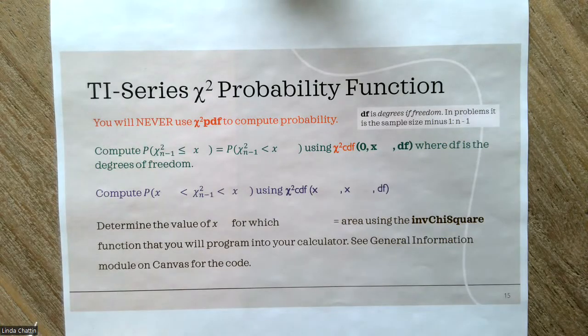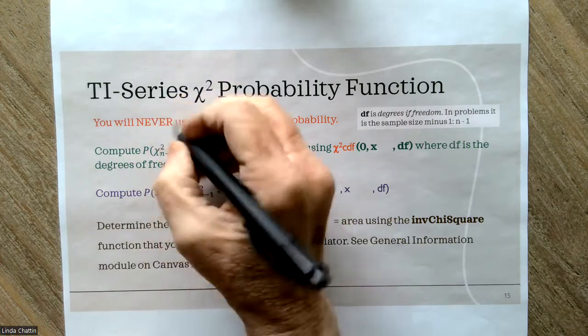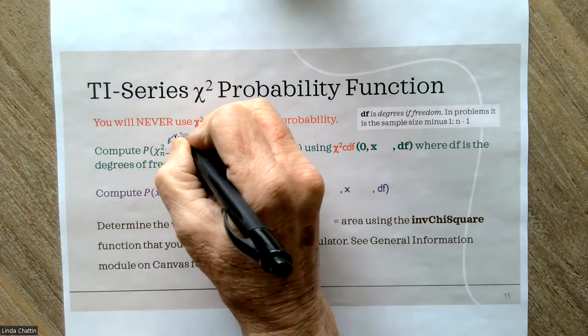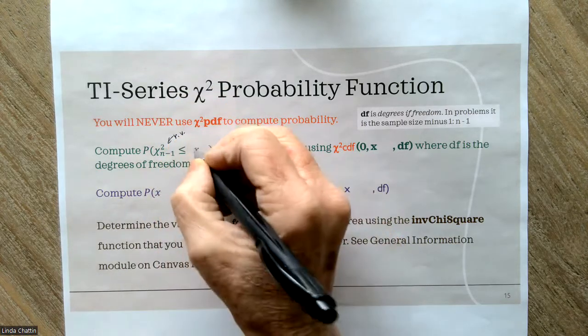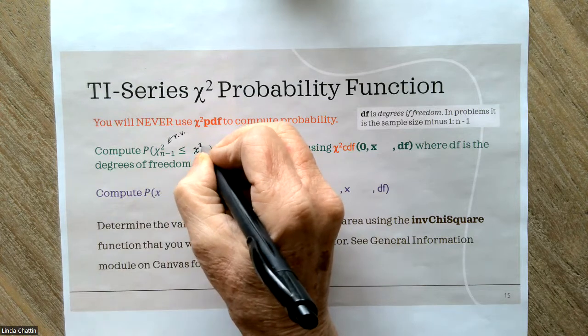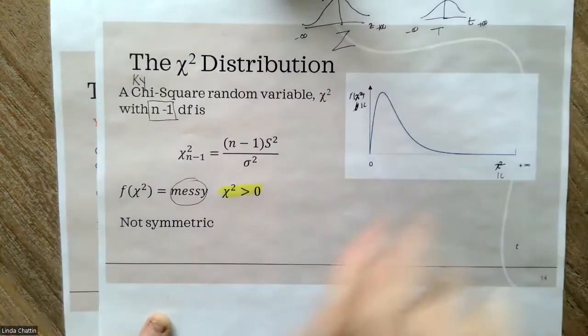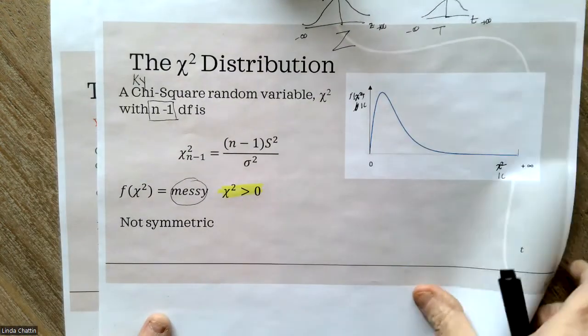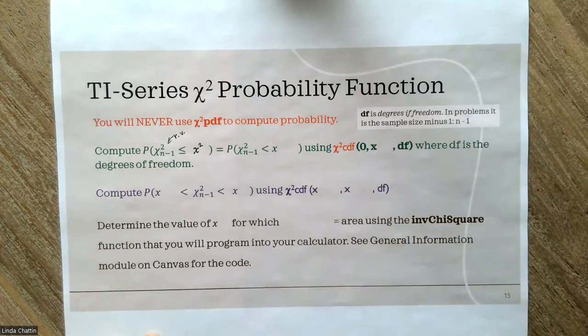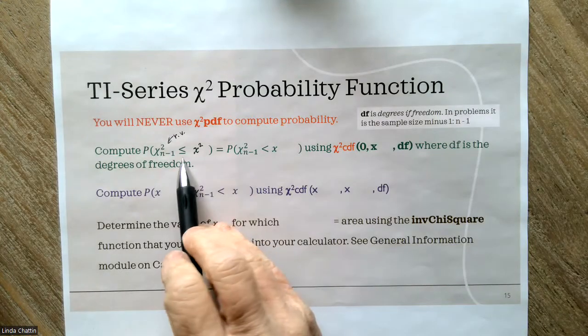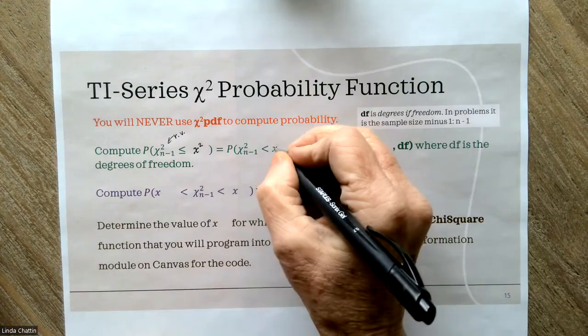So if I'm interested in computing this probability here, again, this is my RV, random variable. This here is that lowercase chi-square that would be on the chi-square axis. Because it's a continuous distribution, I can use less than or equal to or less than interchangeably. Look at the range on it; there are no commas there, so it's a continuous distribution.